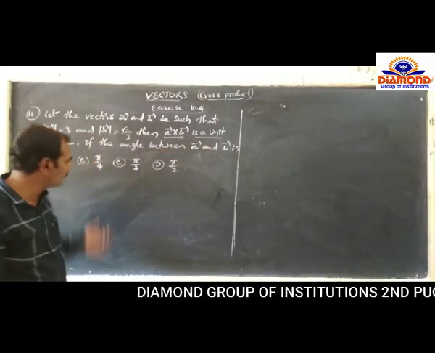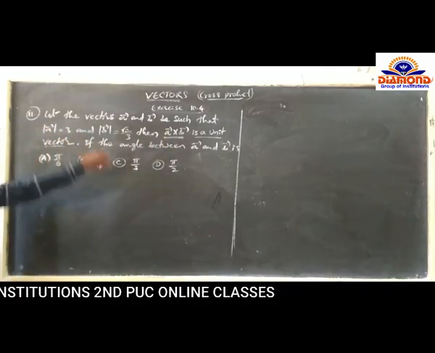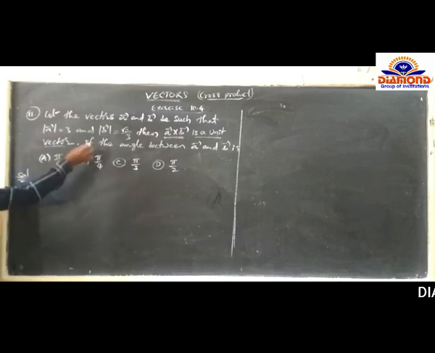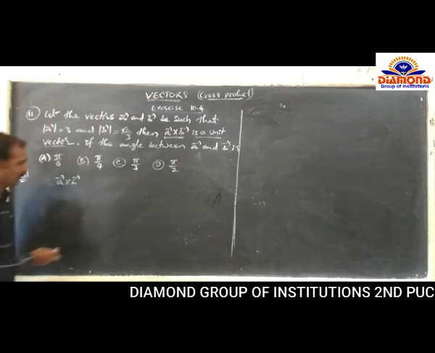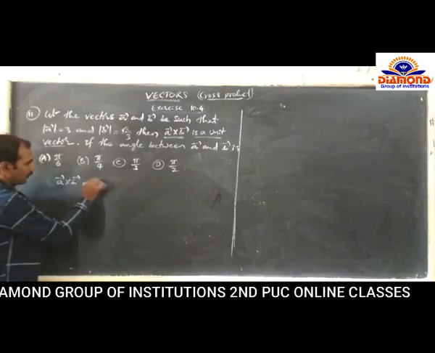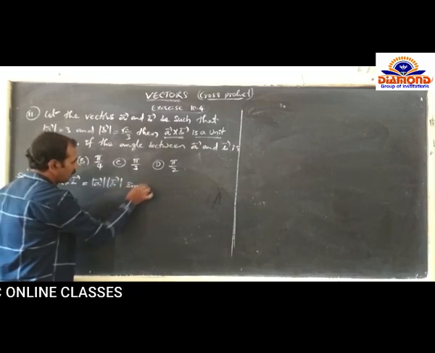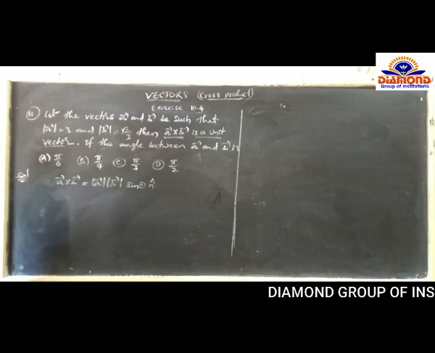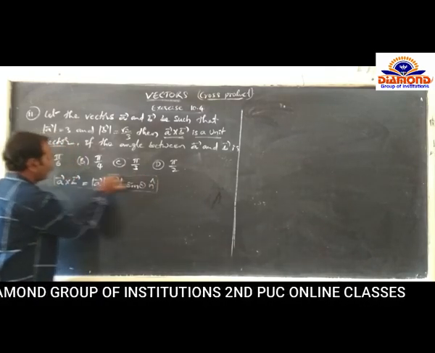So simple, easy method. You know what the cross product is. Solution: the cross product A bar cross B bar equals magnitude of A, magnitude of B, sin theta into n cap. You know this. So this is the cross product formula.